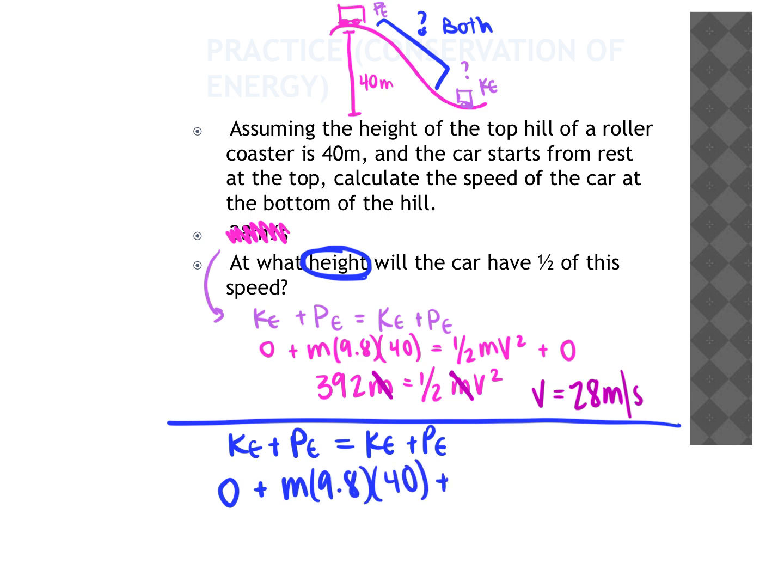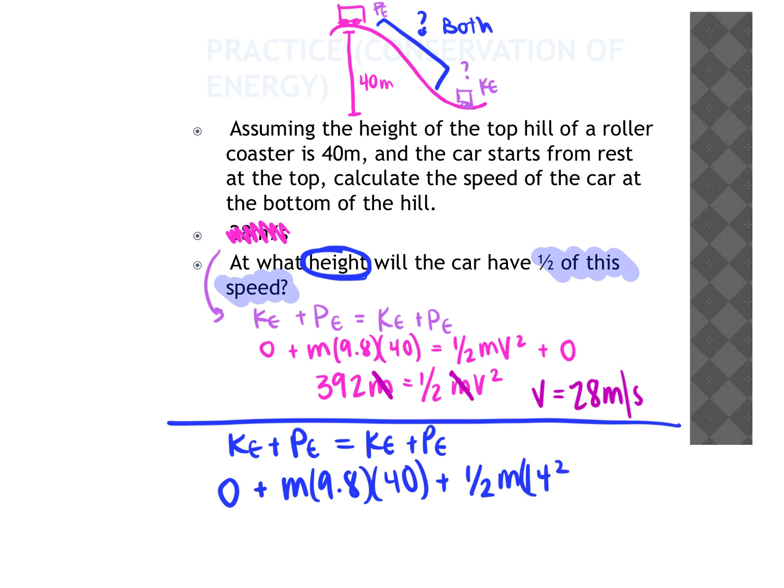And then at the end, we said we do have both. We have kinetic plus potential. Do I know my velocity at my halfway point? Half of this speed, right? I solved for my speed at the bottom, but it's saying at what point will I have half of my speed. So what is my velocity here? 14 squared.